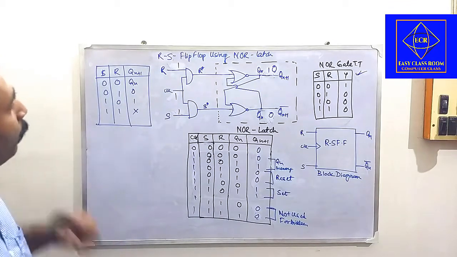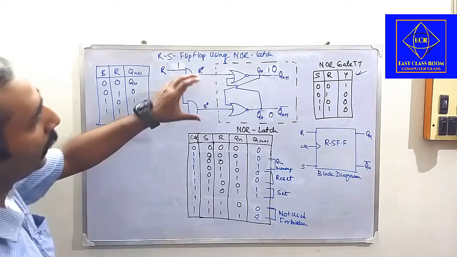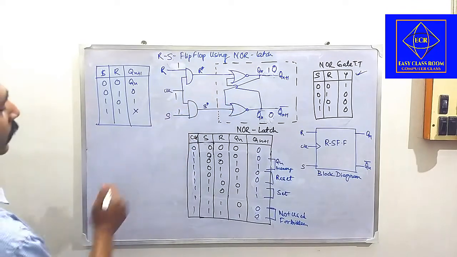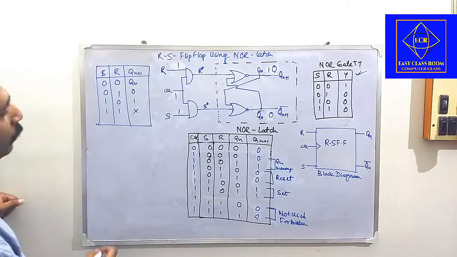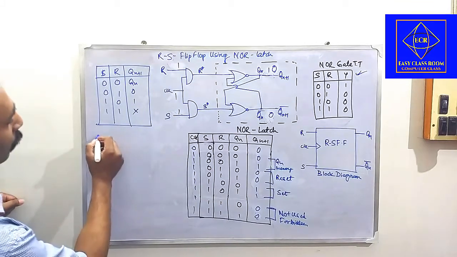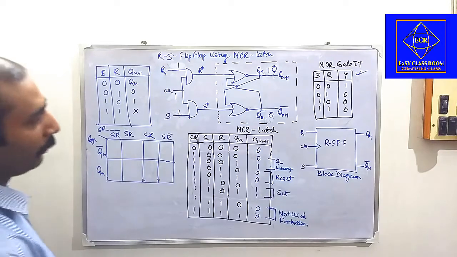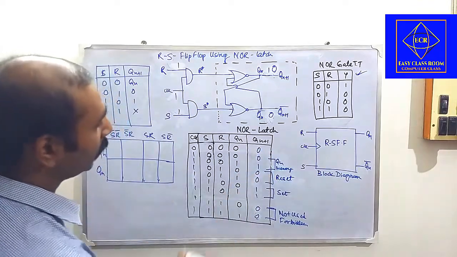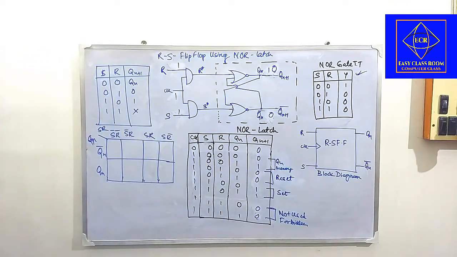So if we want to map it to find the short method of drawing this type of circuit, as we have done for the NAND latch, what are we having now? Where Qn plus 1 is 1, we will take that particular term.